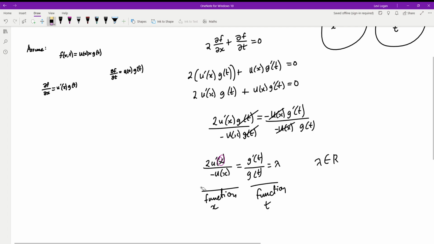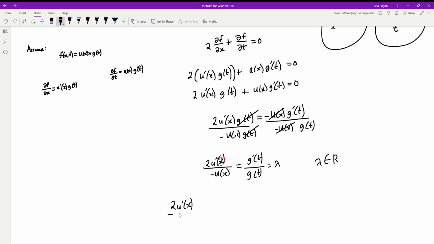And basically what we have is two ODEs now. So ODEs are ordinary differential equations. So we can say that 2u dash of x over negative u of x is equal to lambda, and we also have g prime of t over g of t is equal to lambda.